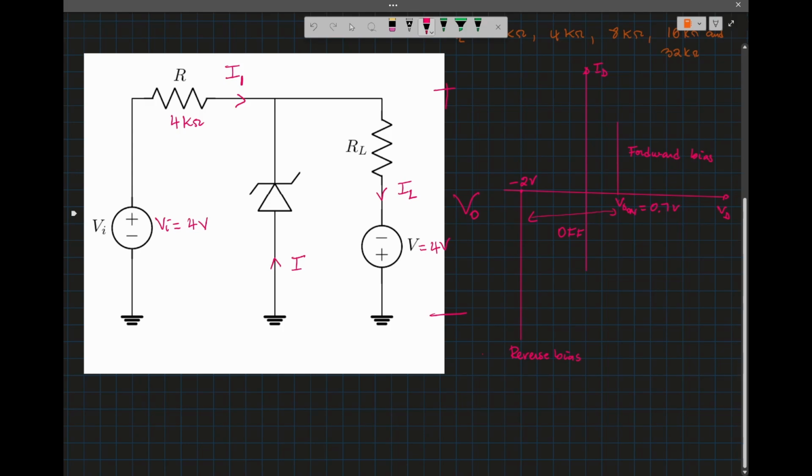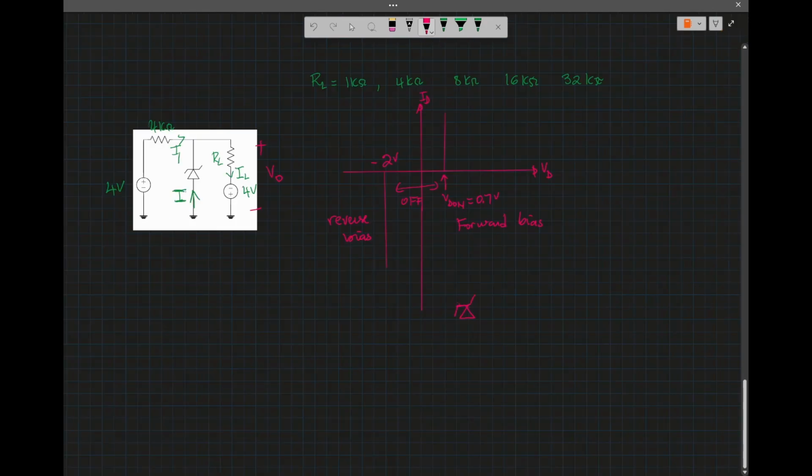So for each value, when it's forward bias, it looks like this, and ID will be positive.